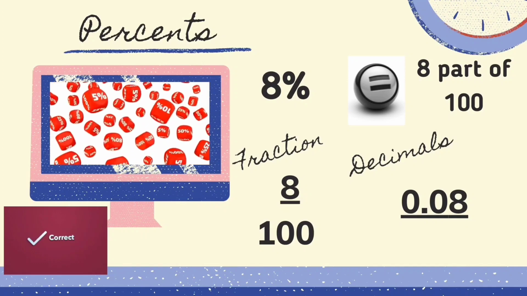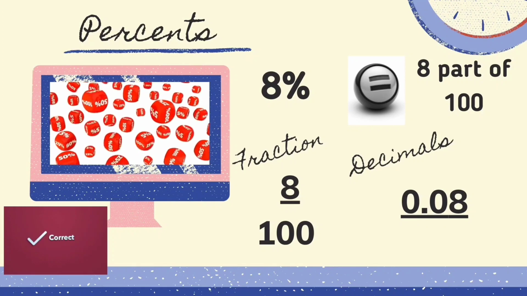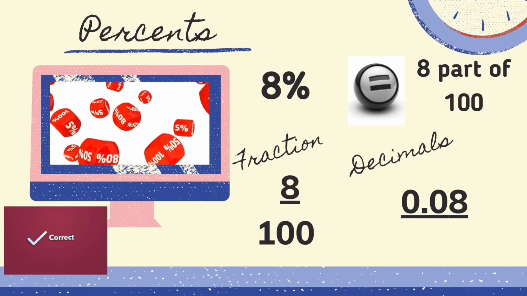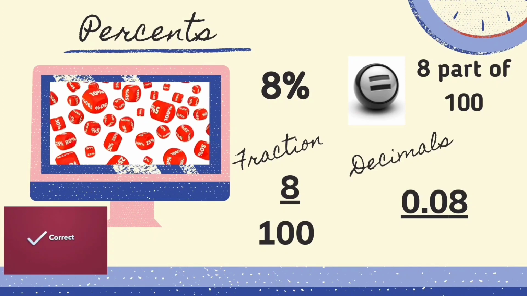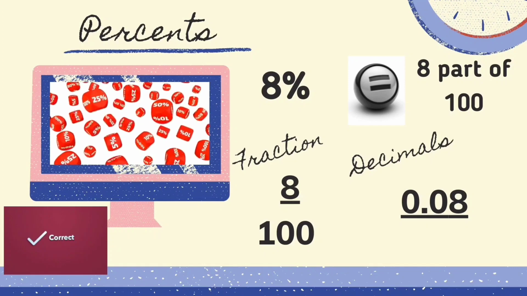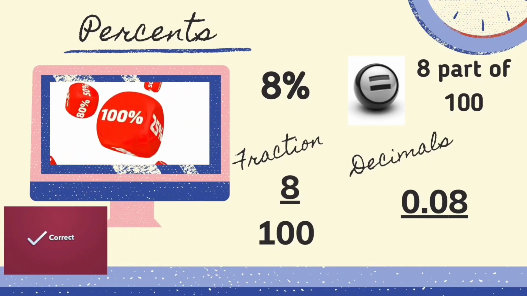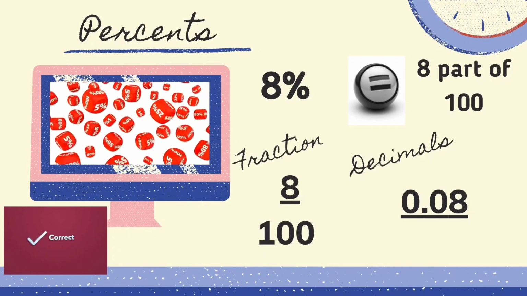So how do we convert percent into decimal? We just move the decimal point 2 places to the left. Two places to the left, the answer will be 0.08. Okay?